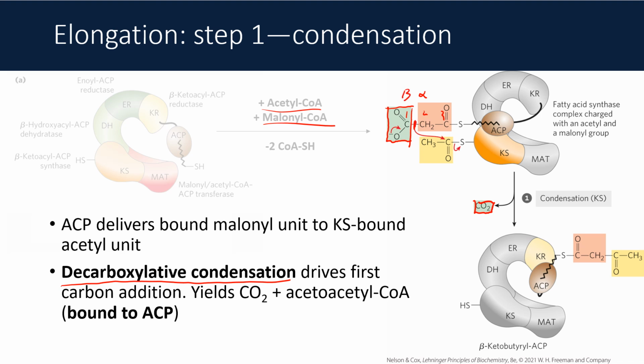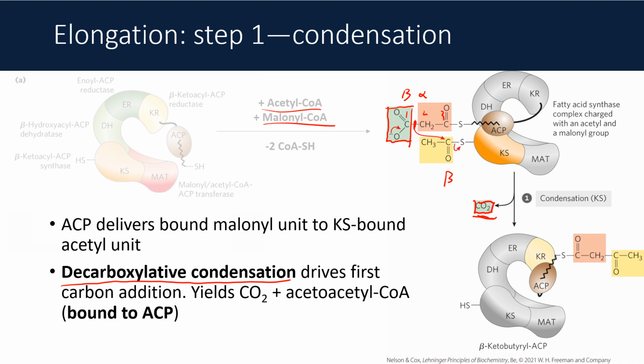And the cleavage of that bond is going to help form a new C alpha and C beta bond with the acetyl that's left on the KS domain. That's the new beta carbon that's going to ultimately take the place of that green CO2 unit. And while this is all happening, don't forget that the CO2 is serving as a leaving group, and hence decarboxylative condensation. Removing the CO2 is going to drive the formation of a new carbon-carbon bond.